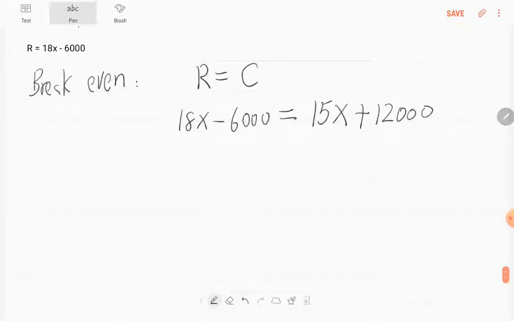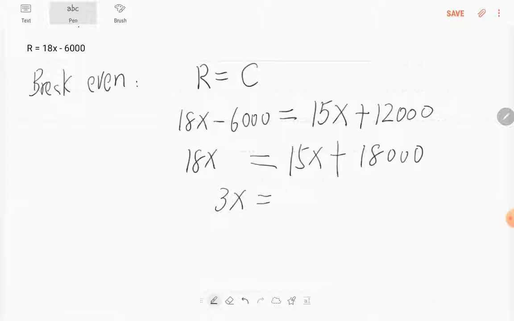So we add 6,000 on both sides. It becomes 18x equals 15x plus 6,000 plus 12,000, so 18,000. And then we subtract 15x, so it's 3x equals 18,000. x equals 6,000.